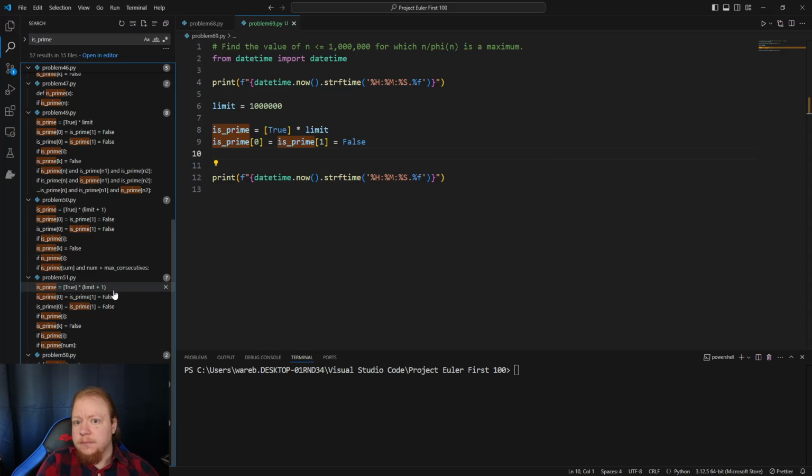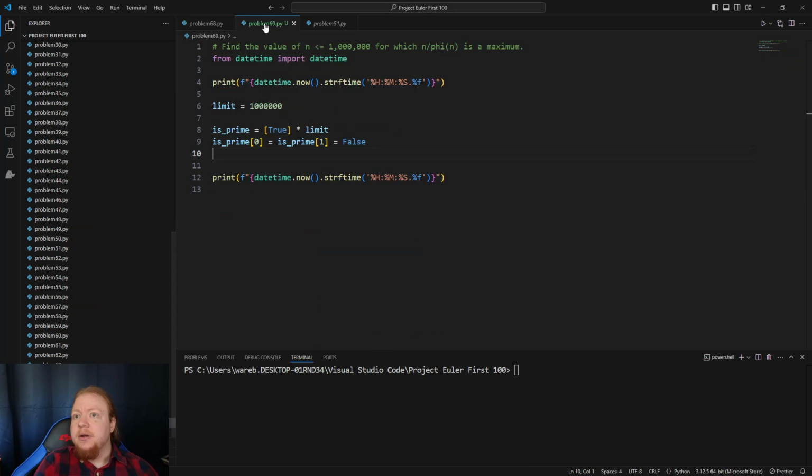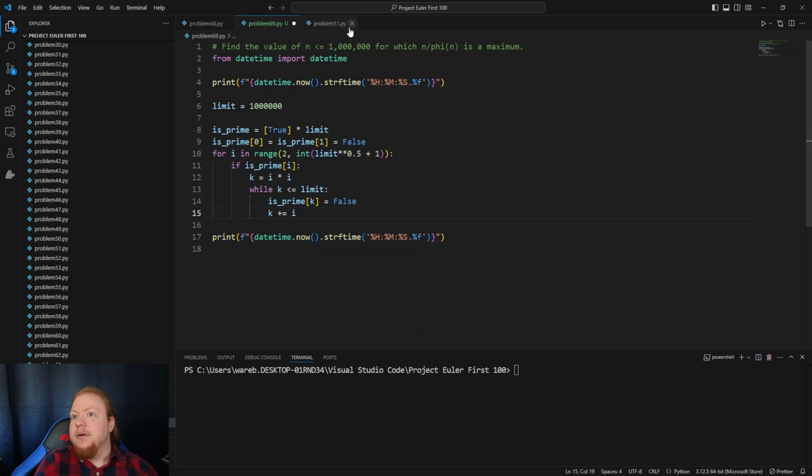Okay, so I'll grab my old code. So for i in range, starting with 2, all the way through the square root of limit, if it is prime, multiply by itself, and go through and set all of the multiples of it to false.